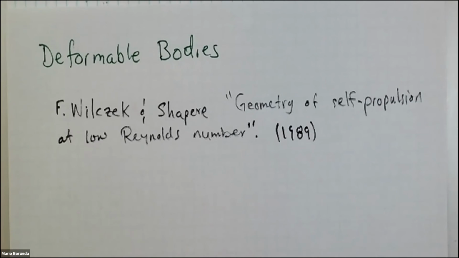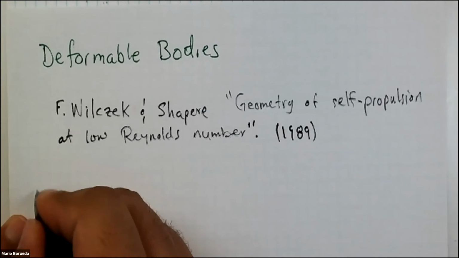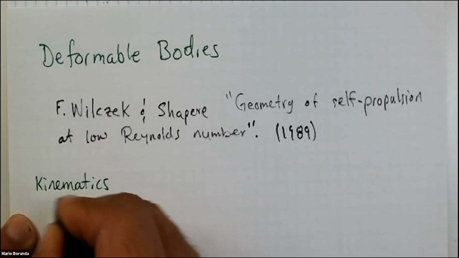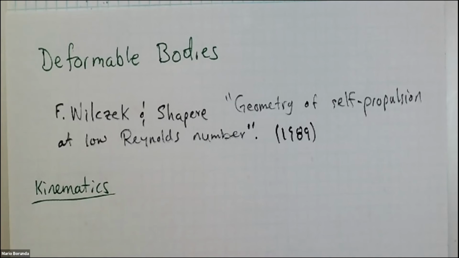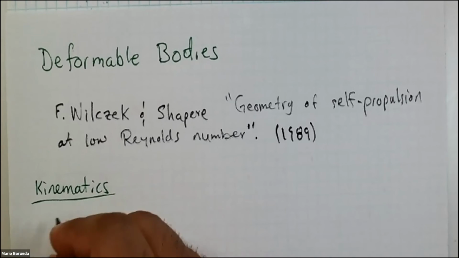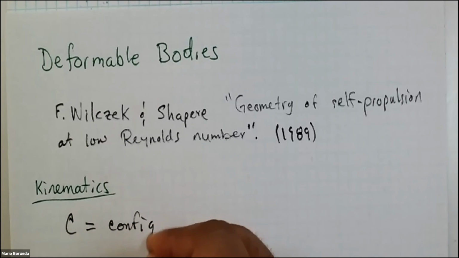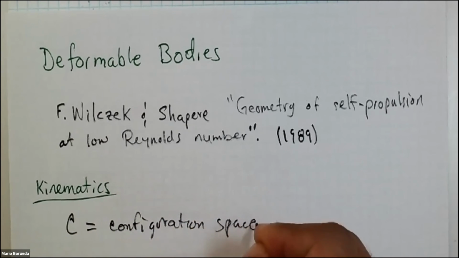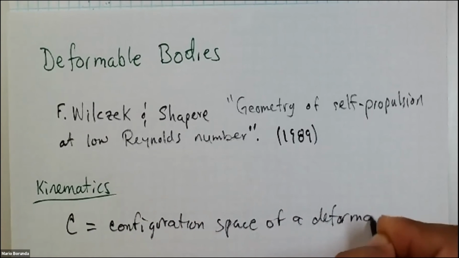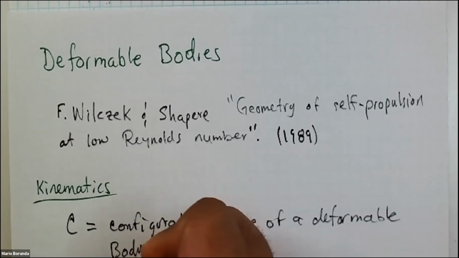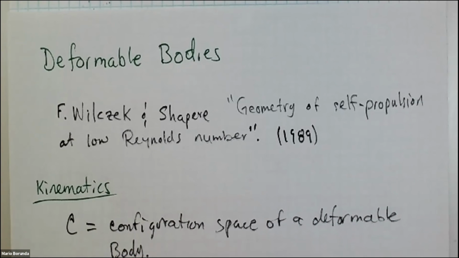So the first thing we have to do, let's look at the kinematics. The first thing I need is to describe a configuration space of a deformable body. The configuration space is the space of all the shapes with some orientation for a body. Let's say we had a deformable object.